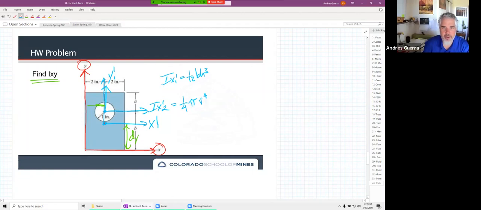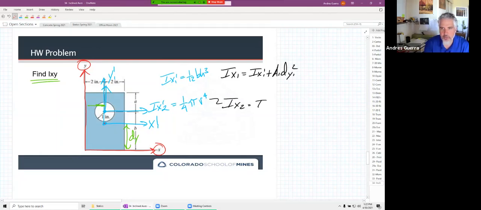So we could find 1/4 pi r to the 4th, and then we would do our parallel axis theorem, right? So we'd find Ix1 would be our Ix prime 1 plus A1 times d sub y1 squared. And then we could do the same thing for the circle.